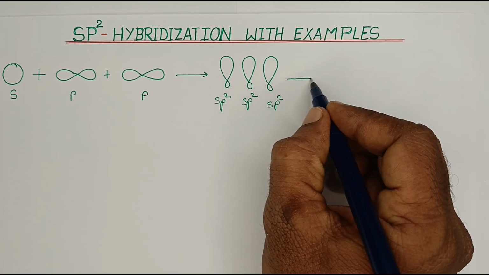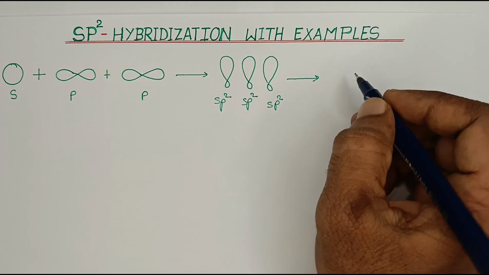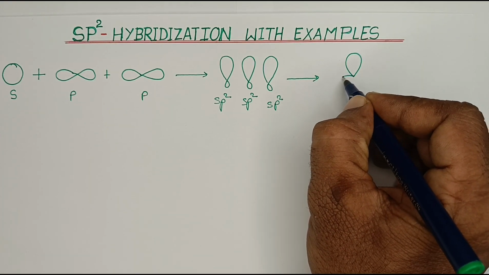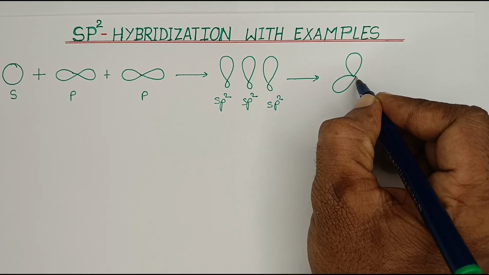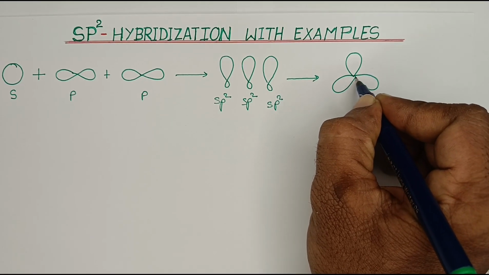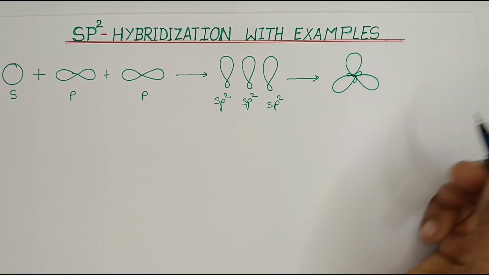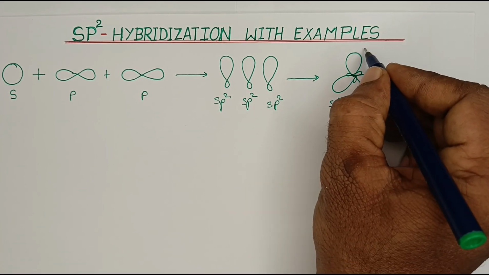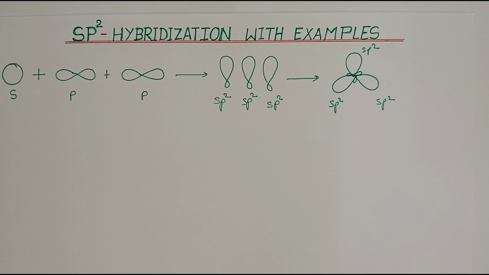These three SP2 hybrid orbitals will be arranged in the manner like this. So this is SP2, SP2, SP2.